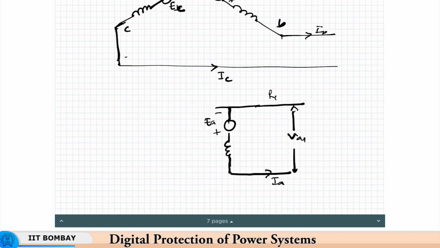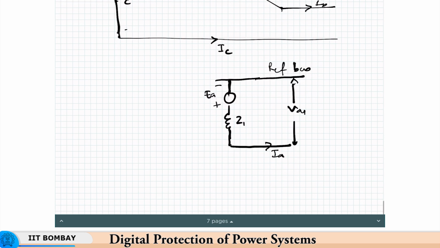This is our reference bus, the same as that we saw earlier in the transformer model. And the equation is VA1 is equal to EA minus Z1 IA1.